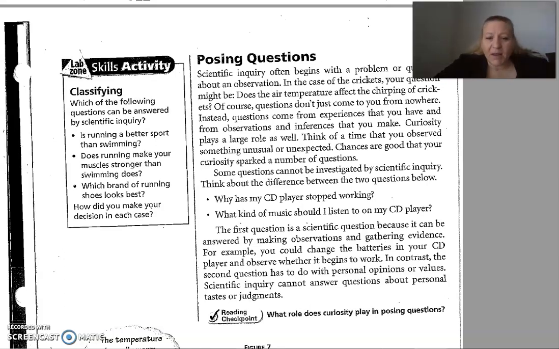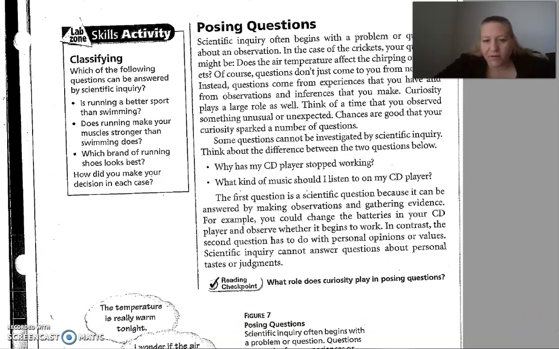So you should have had some time to talk about or think about what role curiosity plays in posing questions. Your curiosity allows you to use your observations and make questions from that, because you're curious about how things work and how they are fixed. Okay? All right.